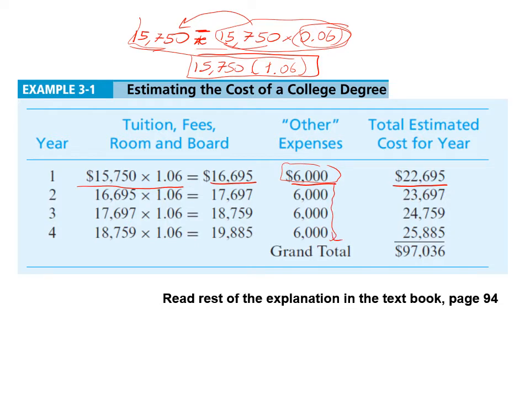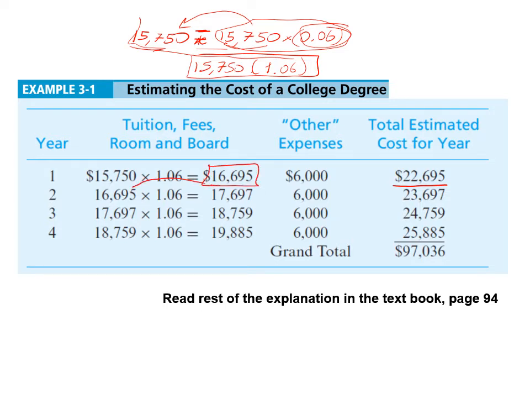Actually, this may not be realistic due to inflation. Maybe these costs will also increase. But in this example, we assume it to be constant to make it simpler. Similarly, for year 2 and year 3, we do the same analysis. So now what happened? The cost was this much after the 6% increase.